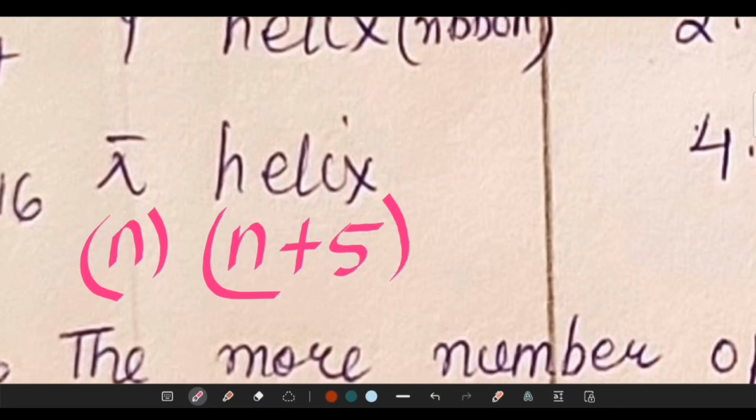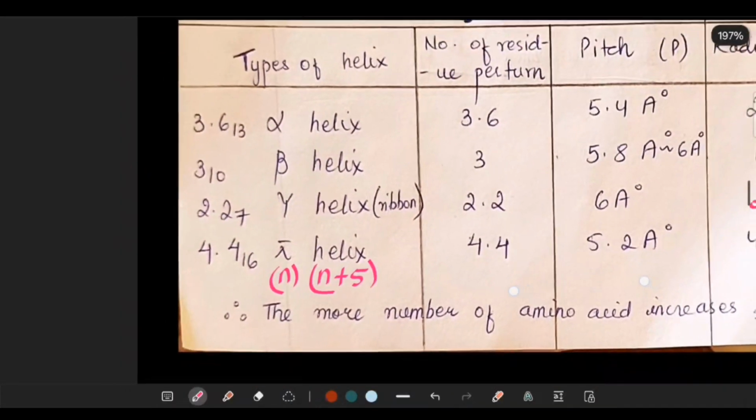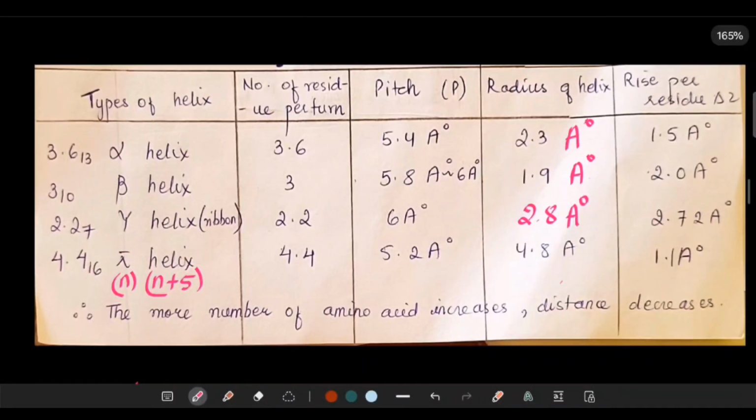Okay, so 6th amino acid is responsible, and then we have rise per residue. Rise per residue means how much vertical distance is between 2 amino acids, and it's also known as axial height, right?